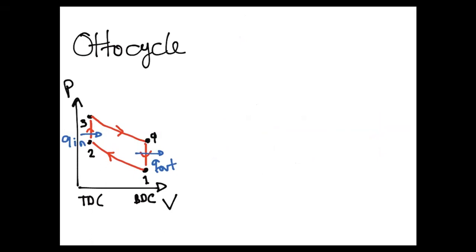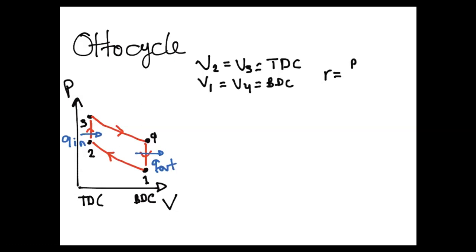Watch that the volume at 2 is the same as the volume at 3, which is the top dead center, and that the volume at 1 equals the volume at 4, which is the bottom dead center. And remember that the compression ratio is the bottom dead center over the top dead center.